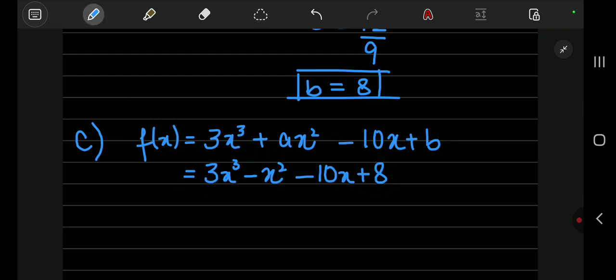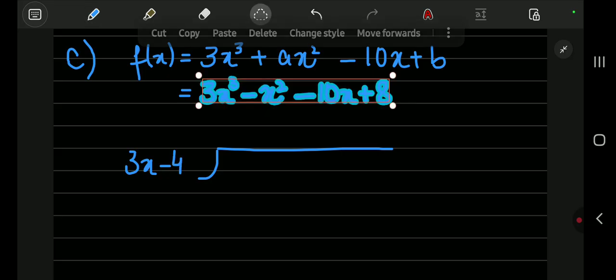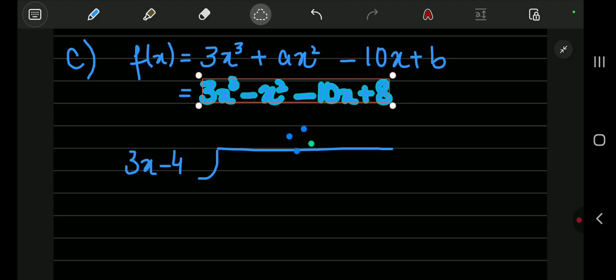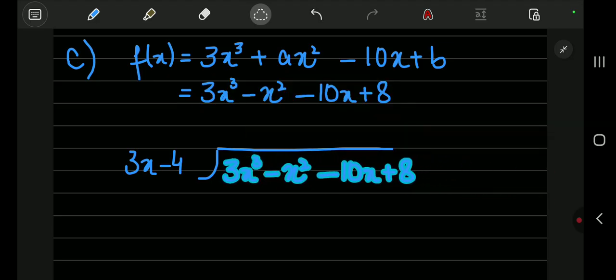Now what is your factor? Your factor is 3x minus 4. You can use long division for this. Taking long division, 3x minus 4 outside, and your function inside.